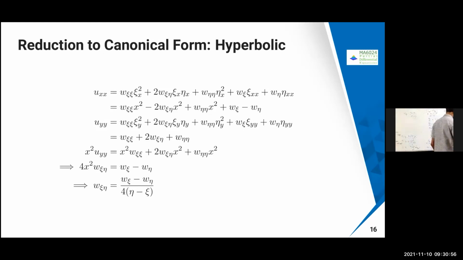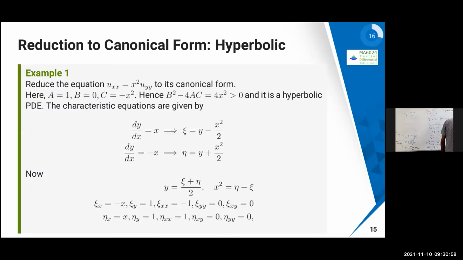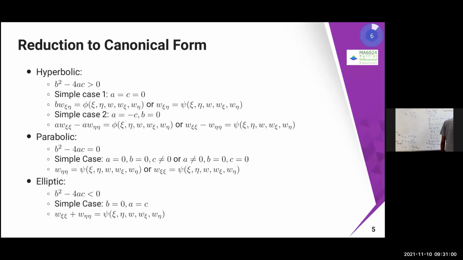You remember that previously I mentioned that if a equal to c equal to 0, then automatically you are going to get w chi eta equal to some function of chi, eta, w chi, w eta. It came correctly. If it doesn't come, then we might have committed some mistake here. That is for sure.